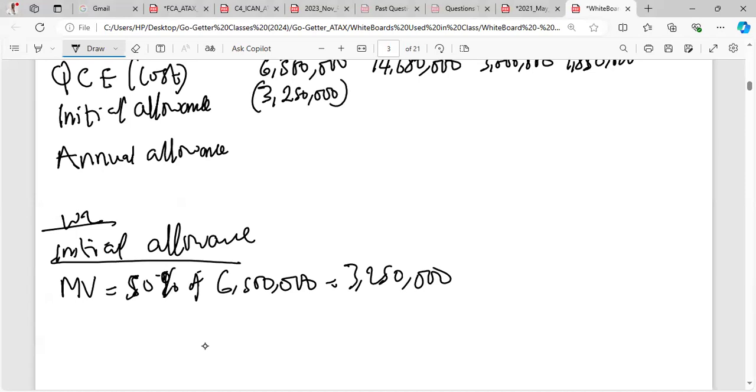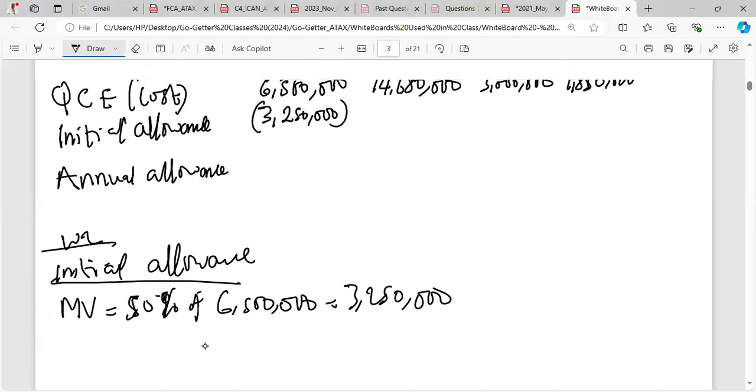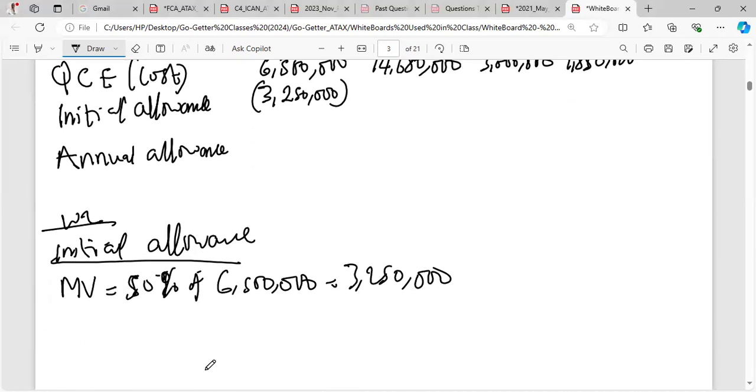Then the next one is industrial building. We know it's 15% of 14,680,000.